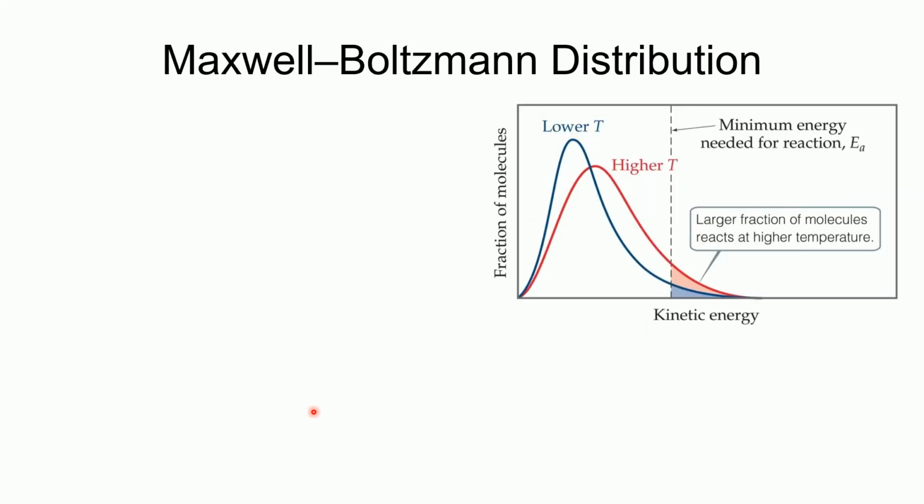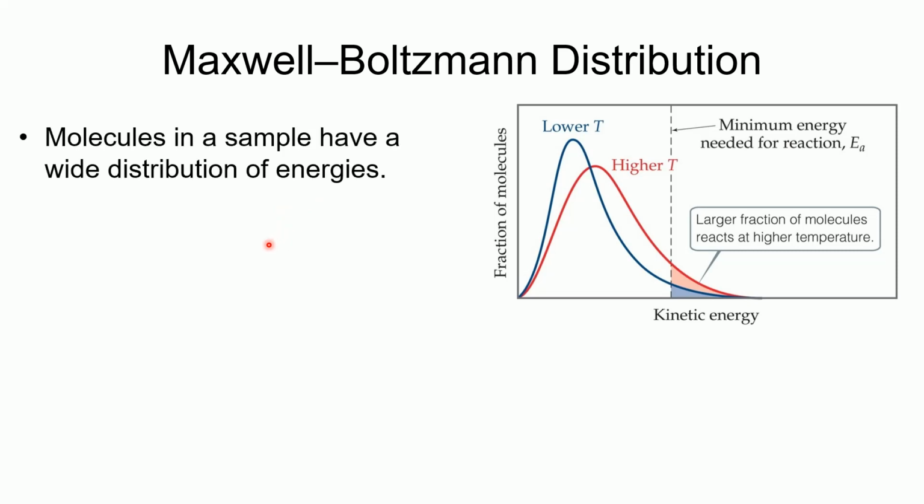Now, how many molecules have enough energy to get up over that activation energy can be given to us by what we refer to as a Maxwell-Boltzmann distribution. Maxwell-Boltzmann distributions tell us the distribution of energies of molecules in a sample.